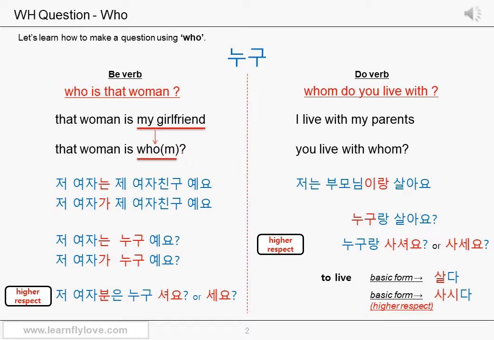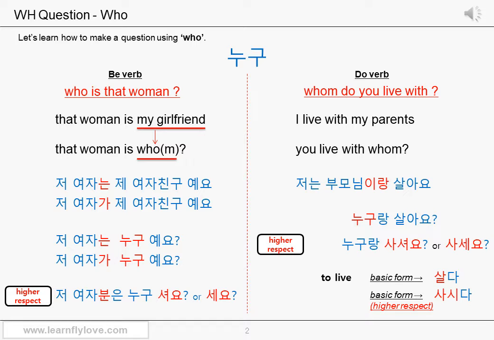That woman. How to translate the demonstrative adjective or determiner that into Korean, however you call it grammatically in English. As we learned in Lesson 4, Part 1, when we are talking about something that is not in a touching distance, we use 저 for that.